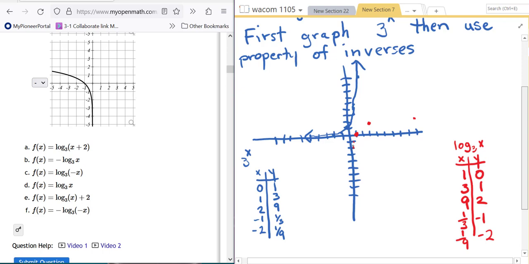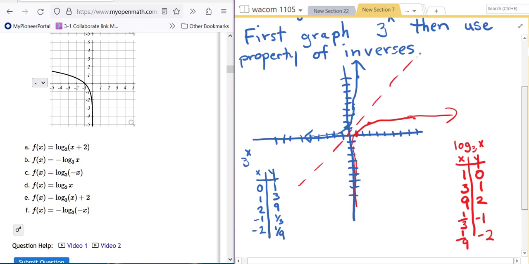So it gets closer and closer to your y-axis. And there is your graph of your log function. So I just graphed it by graphing 3 to the x and switching the x's and y's to get my table for this one. Here is your line y equals x through the origin.